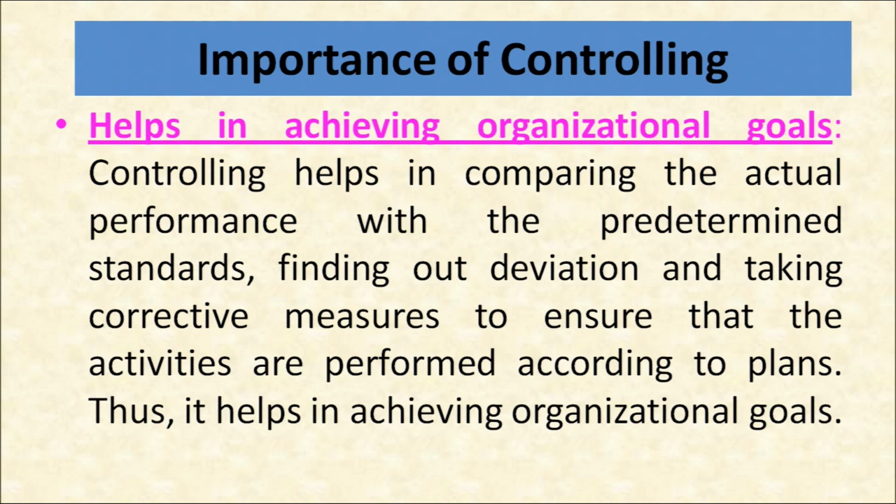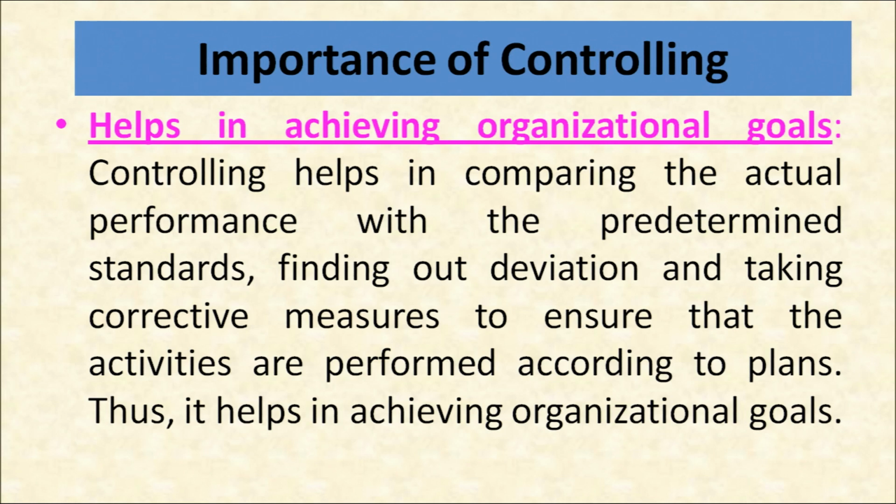Now controlling helps in comparing the actual performance with the predetermined standards. That means it tries to compare the standards that you have already laid down or fixed at the time of deciding your plan, and the actual results that you receive after accomplishing the task, and then finding out the variations and deviations and taking corrective measures so as to ensure that those activities or tasks are performed according to the plans.